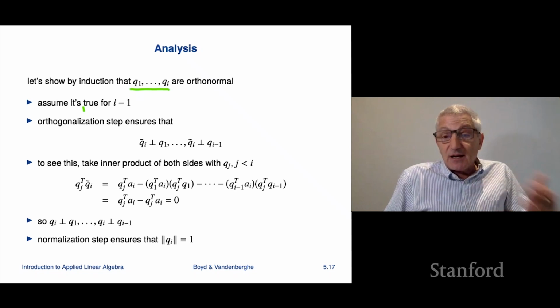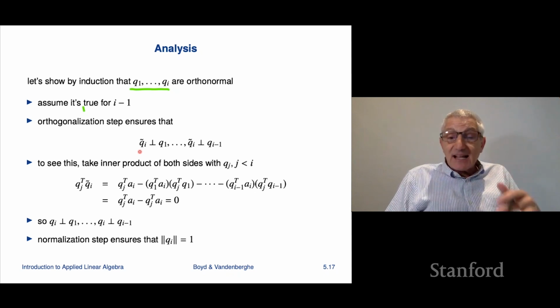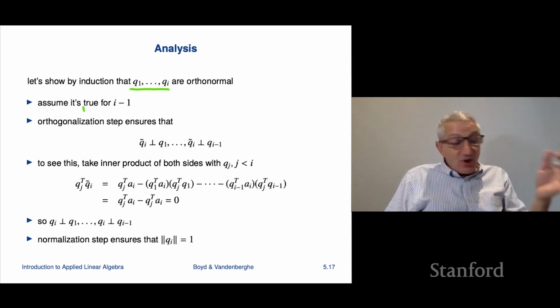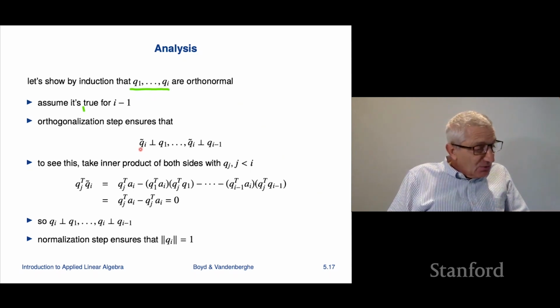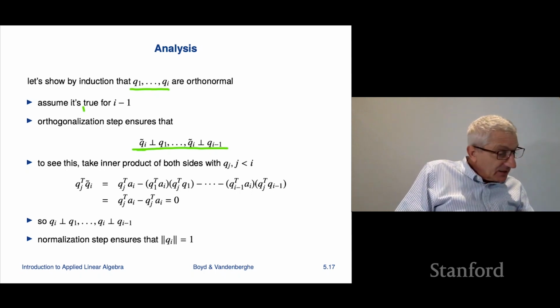In the orthogonalization step, you are subtracting exactly the coefficient you need of the previous Qs to make it orthogonal to all of them. So when you finish, Qi tilde is orthogonal to all the previous ones.